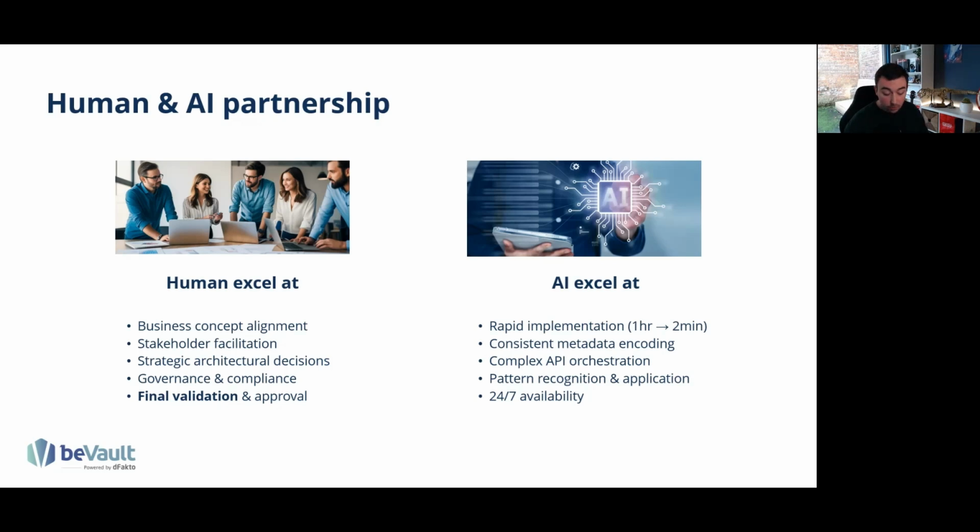What we also see is that the data vault methodology is a business methodology, so you need to create a business-oriented data model. This is really important, because that's why we still need humans, to align the different definitions and to ensure that the business concepts are well known inside the company, and so on.